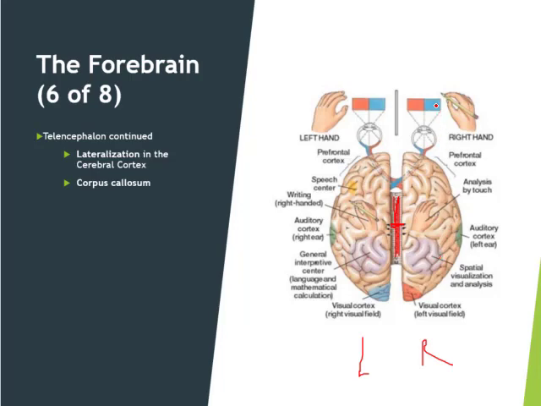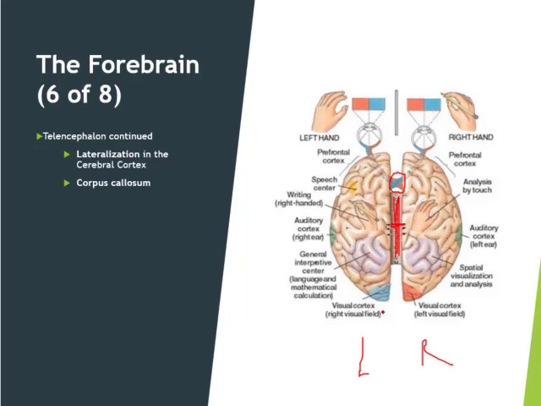The vision, the information received by the right visual field, part of it crosses through this optic chiasm into the left hemisphere, and vice versa.